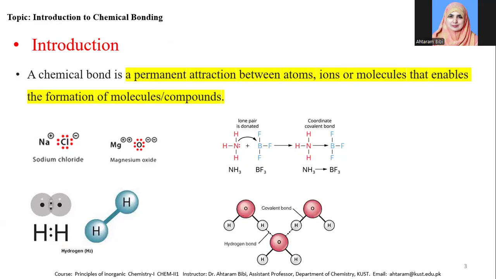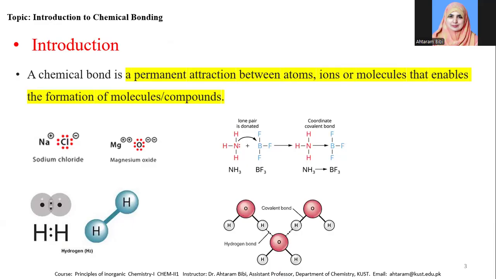We can see over here another type of bonding between water molecules, and that is the force of attraction between a hydrogen atom, which is covalently bonded to an oxygen atom, and that hydrogen is attracted by the lone pair of electrons of another electronegative atom, that is oxygen. So this type of bond is known as hydrogen bonding.